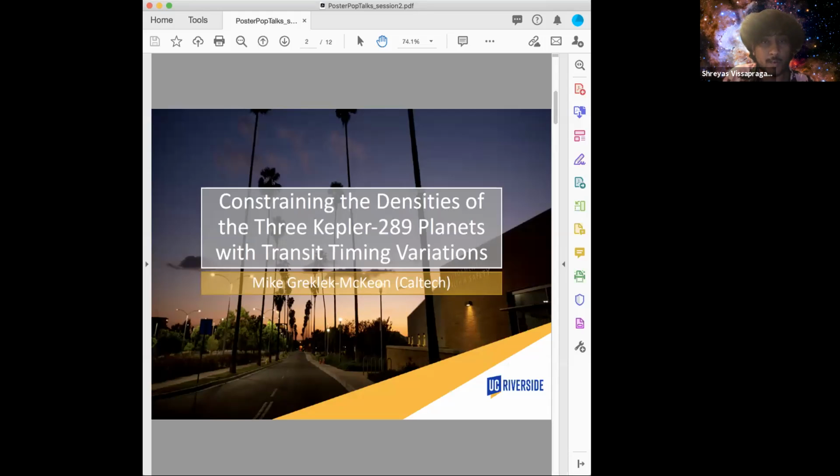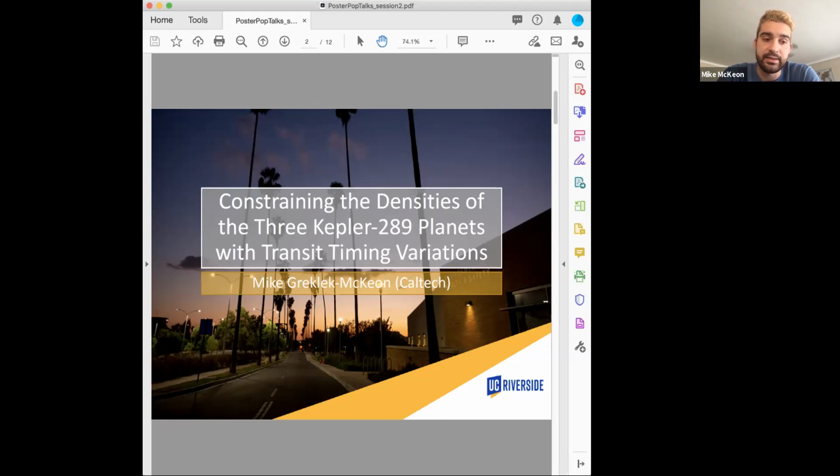Great, thanks. Next up is Mike Correclock McKeon, if he's here. Hi, everyone. I'm Mike Correclock McKeon, and I'll have a poster up in the Slack soon about constraining and updating the masses and densities for the 3 Kepler-289 planets, which are orbiting the young sun-like star Kepler-289. The 3 planets are near a 1:2:4 Laplace orbital resonance, but not quite. We made a transit observation of the outer planet, Kepler-289c, with the 200-inch telescope at Palomar Observatory, right here in Southern California.